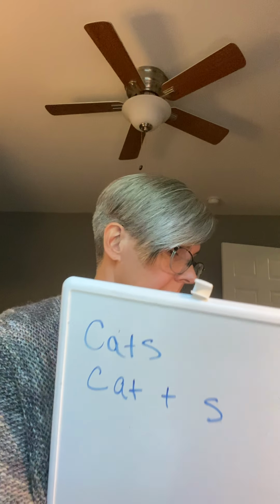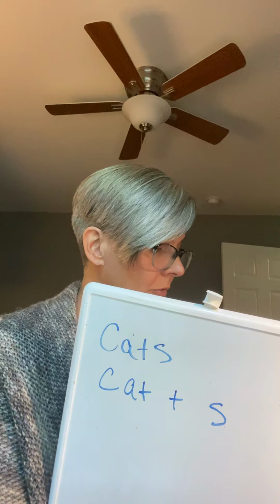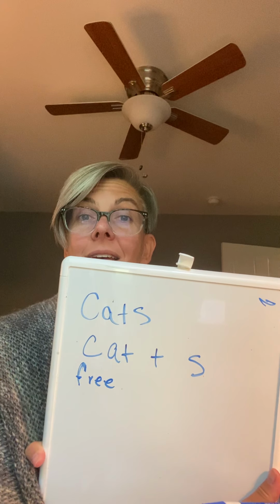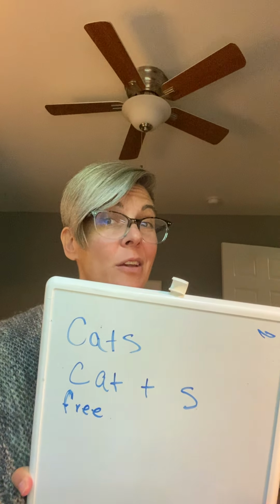So, is it bound or free? Cat can stand alone. It doesn't have to have anything attached to it to have meaning. So it is a free morpheme. S, on its own, by itself, has no meaning. So it is a bound morpheme. It has to be attached to another word to mean something.